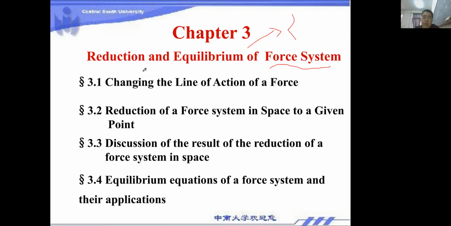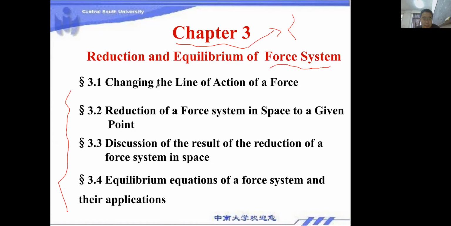So that means if we try to do the reduction and analyze the equilibrium condition of a generalized plane force system, we will try to change this force system into a concurrent force system plus a couple system. So you guys will soon find that our knowledge of chapter 2 is a very important basis of chapter 3, right?